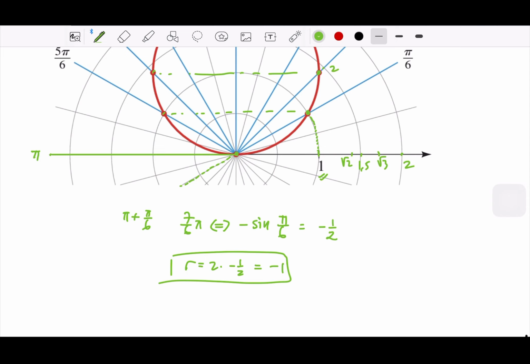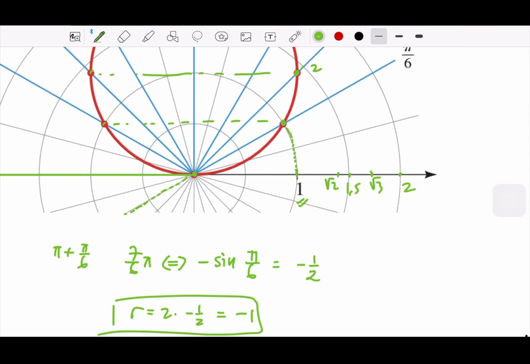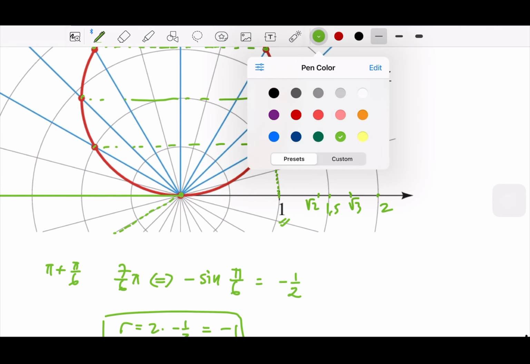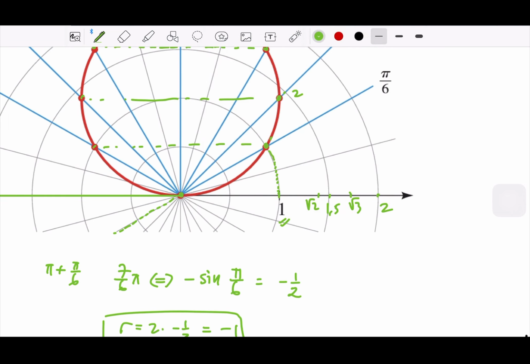We are going to have the opposite side. Let me emphasize this so you can understand what I mean. This point, the blue point, is the same point as this green one, which also appears when we have negative 1, 7 over 6 pi.